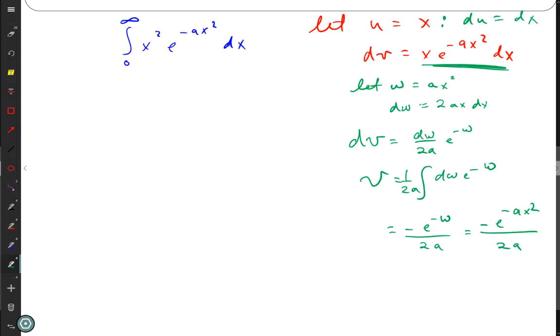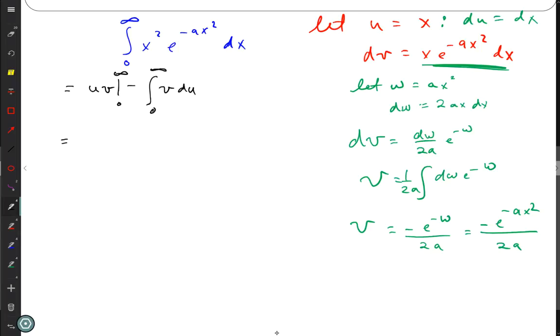So that's my v. My v is minus e to the minus ax squared over 2a. Now going back to the integration by parts, this integral is equal to, remember, integration by parts, it's uv with my limits minus the integral of v du with my limits.